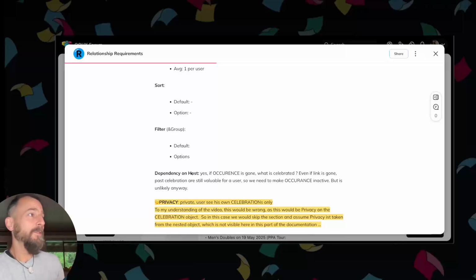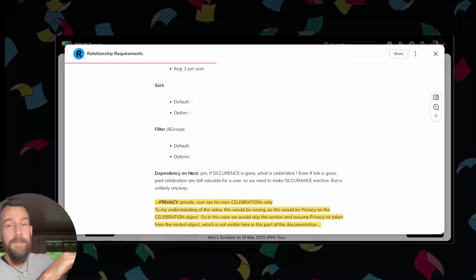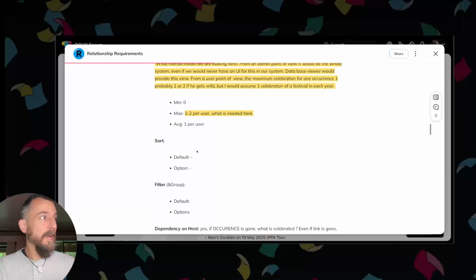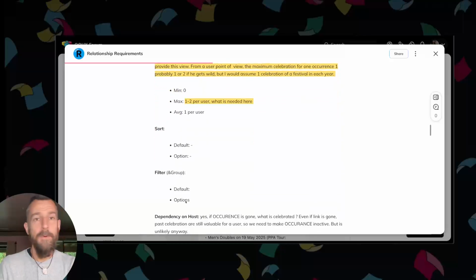The fact that you didn't answer it here in the documentation is fine. It's a question you'll probably answer later when you're thinking about roles. Anyways, what you answered here is fine, but if you were to think about the admin views, do the admin views for these nested objects look different? That's the way that I would talk about your sorts, your filters, and your groups.